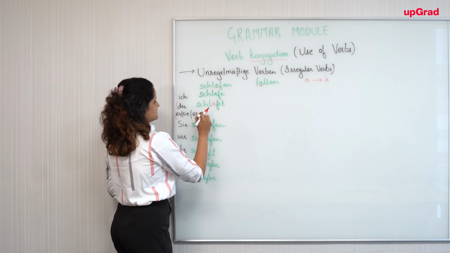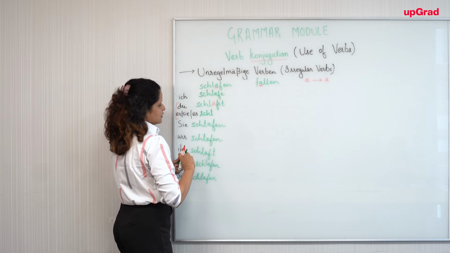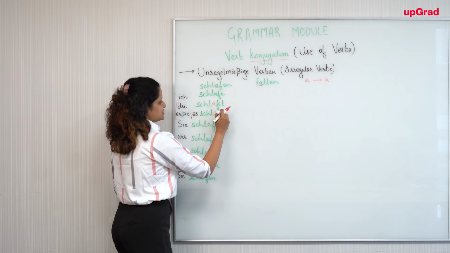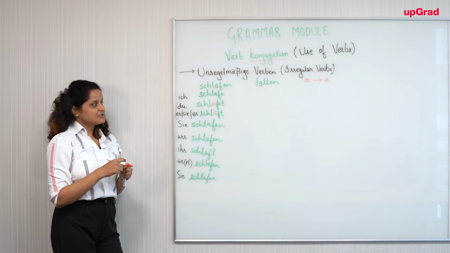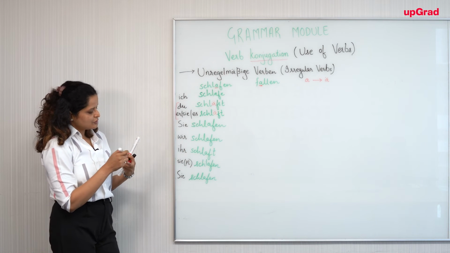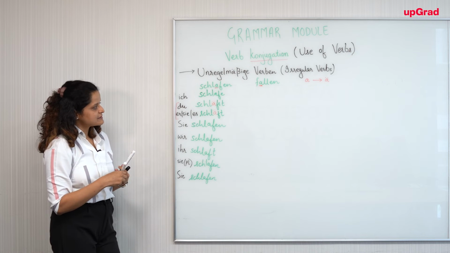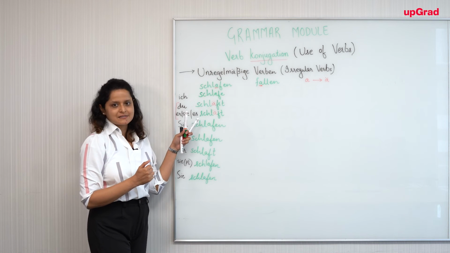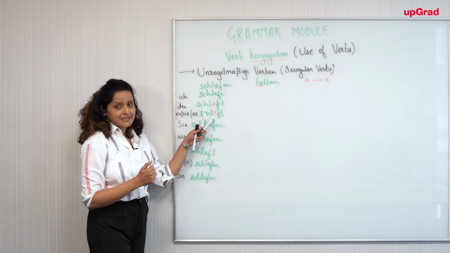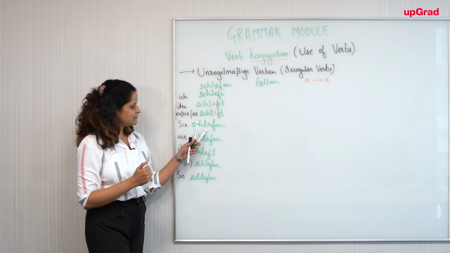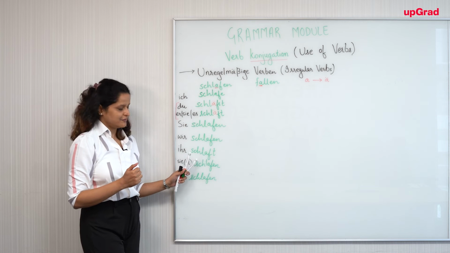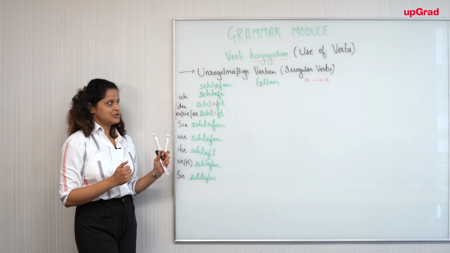Er sie es, the conjugation becomes schläft. So ich schlafe, du schläfst, sie es schläft, sie schlafen, wir schlafen, ihr schlaft, sie schlafen.